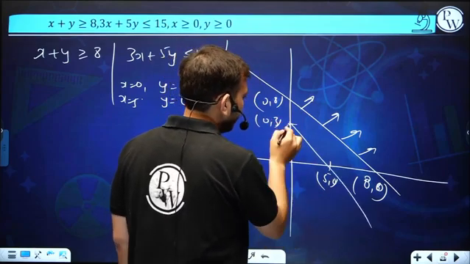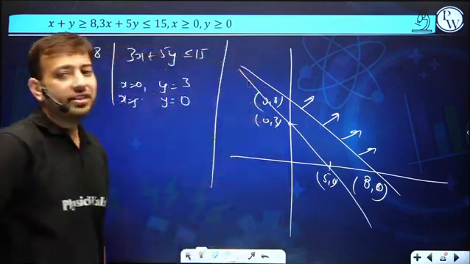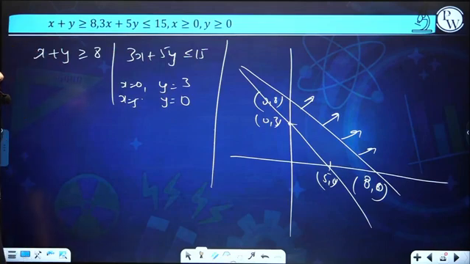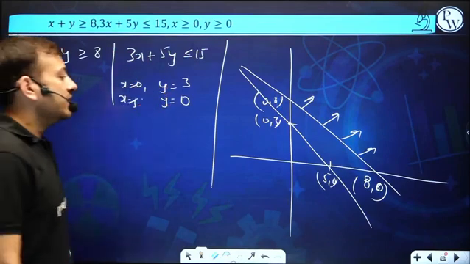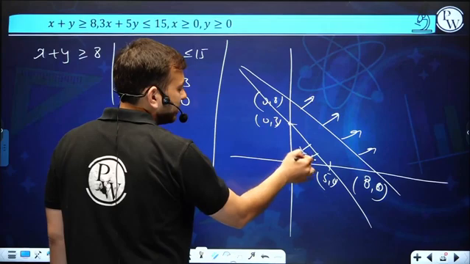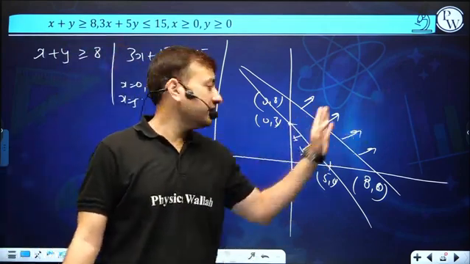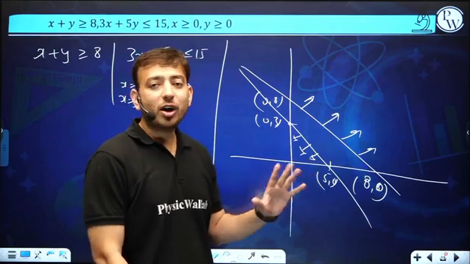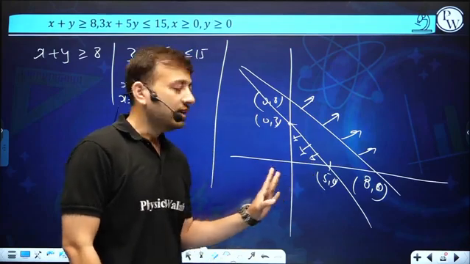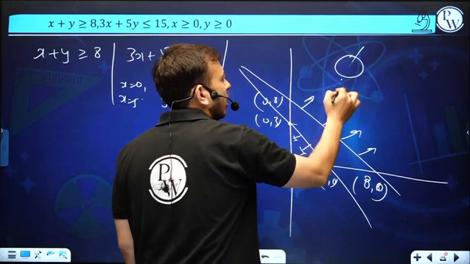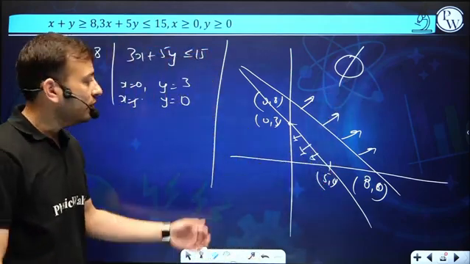So the lines will come like this. Now if you put 0, 0, 0 is less than 15, so that means this side. So what is happening? I need the answer above this and below this, so there is no common area in the first quadrant. No feasible solution.